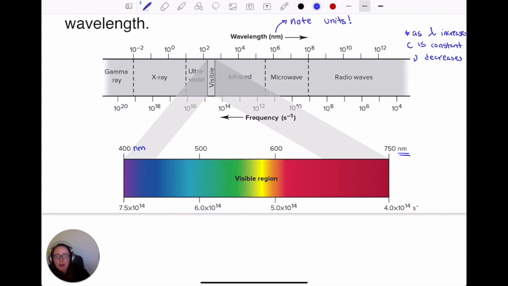And then we go through the full rainbow. This is in a kind of reverse order of how I drew the rainbow before. So we have our violet light, which is very short wavelength, or relatively short, on the visible light spectrum. And then we have a higher frequency.